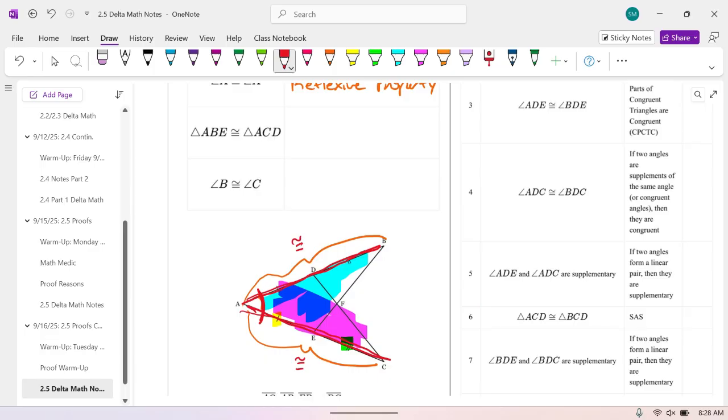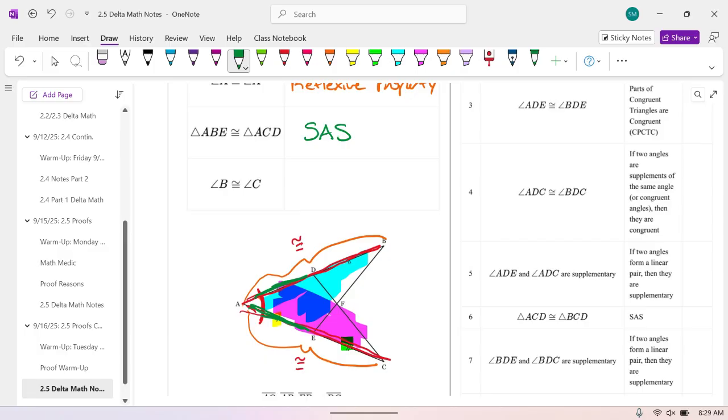So by side angle side, because I said that these two are congruent. Yeah. And then these little ones right here are congruent. So it's hard to see, but it is technically side angle side. This is by side angle side.